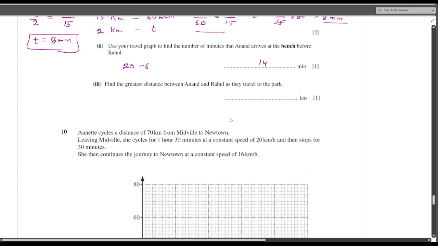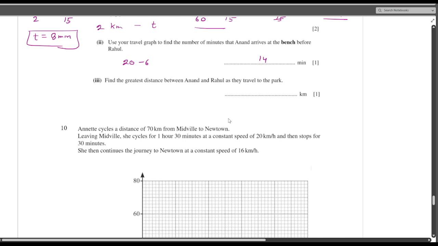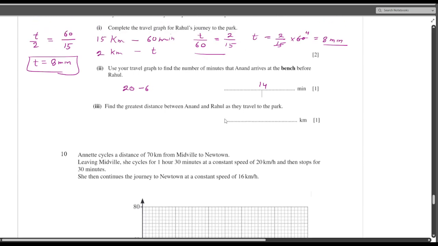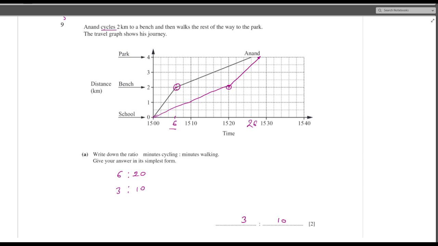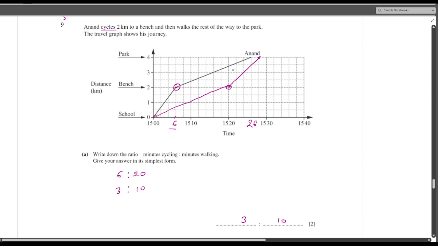Find the greatest distance between Anand and Rahul as they travel to the park. Now you see this diagram. Here you have to find out the greatest distance between them. So where is the greatest distance? I think at this point the distance between Rahul and Anand is greatest.